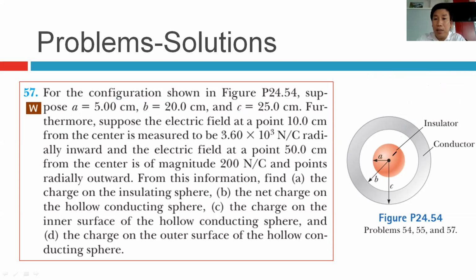Here the insulator means that charge distributes everywhere, inside and on the surface of the insulator sphere. And this one is a conductor, so the charge will distribute on the surface here and on the surface here. Inside the conductor there is no charge.